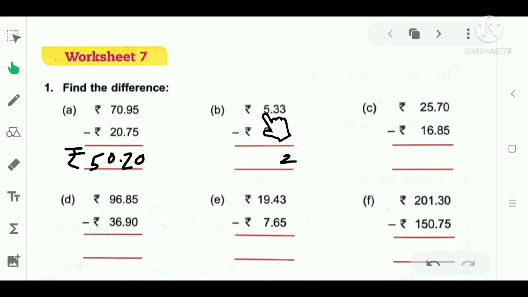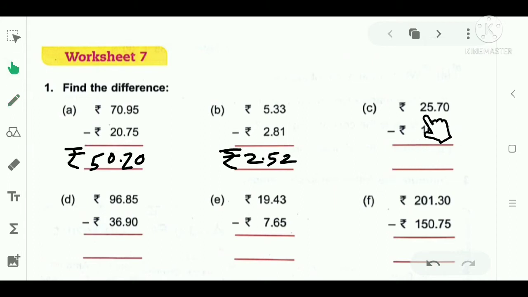So 4 left here and it becomes 13. 13 minus 8 is 5. Then point. Now students, here 4 left. So 4 minus 2 is 2. So 2 rupees 52 paise is the answer.